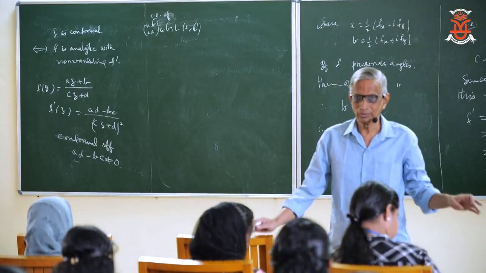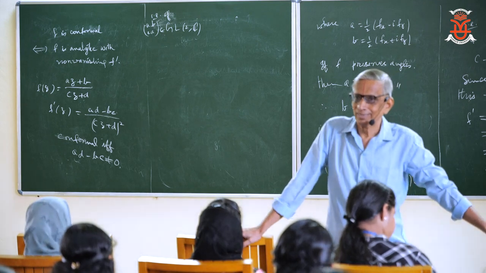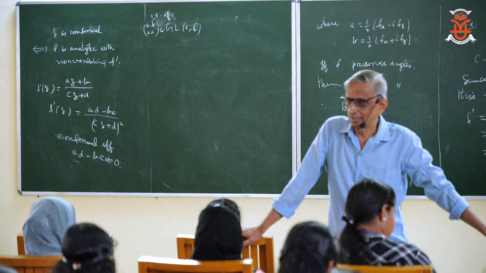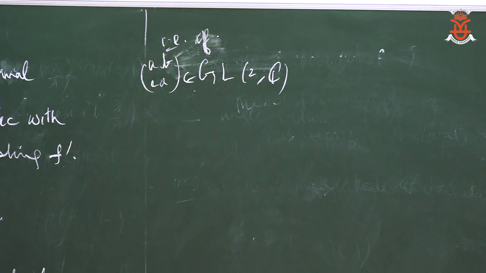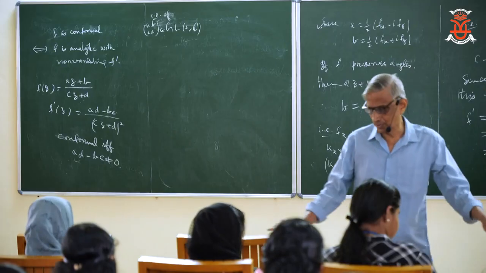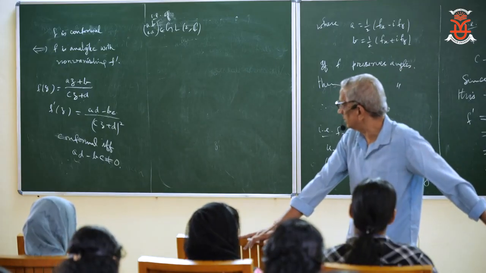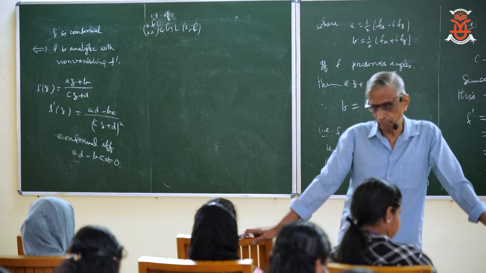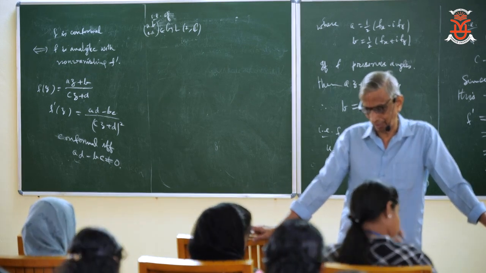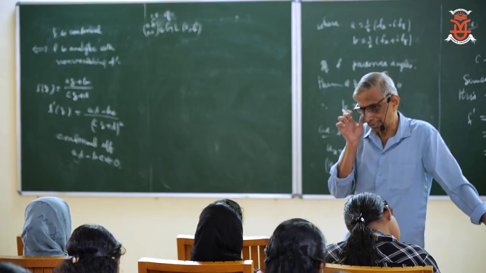What is GL2C? General linear group, GLnC in general, n by n non-singular matrices. So all non-singular matrices act conformally via the Mobius transformations.